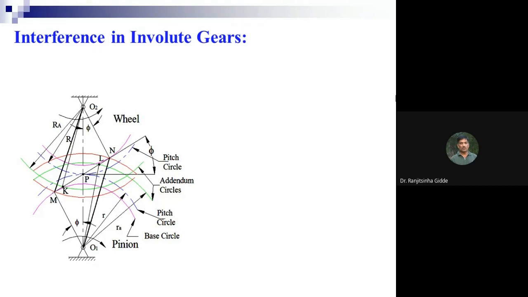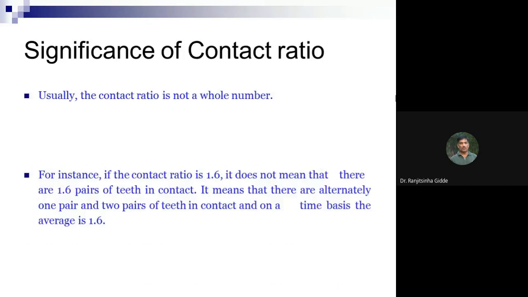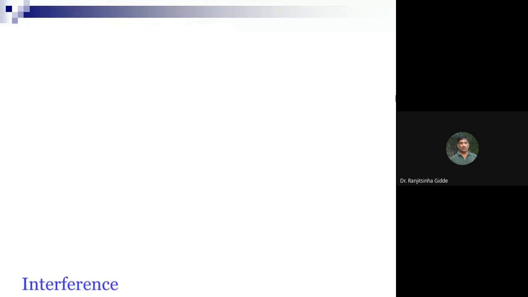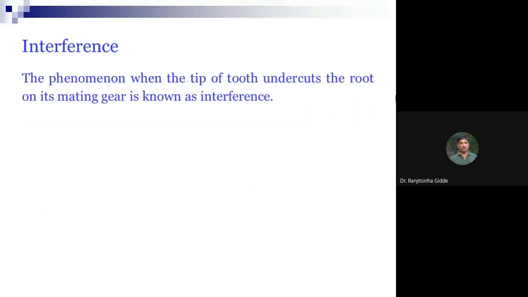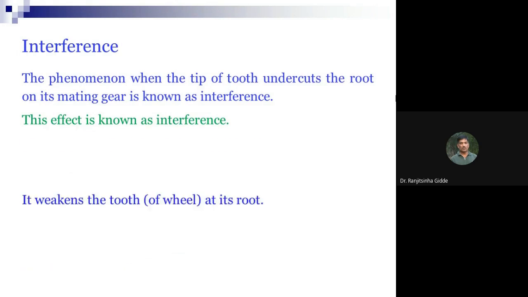So, yesterday we started interference in involute gears, which is the phenomenon wherein the tip of the tooth undercuts the root on its mating gear, and that phenomenon we are going to call interference.